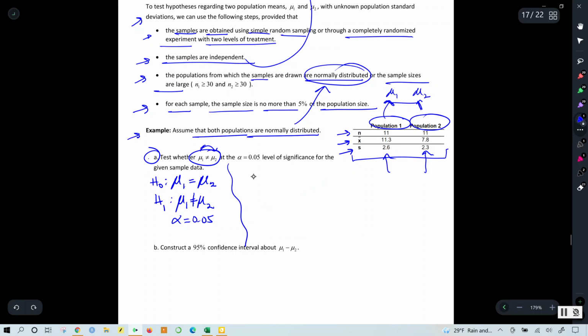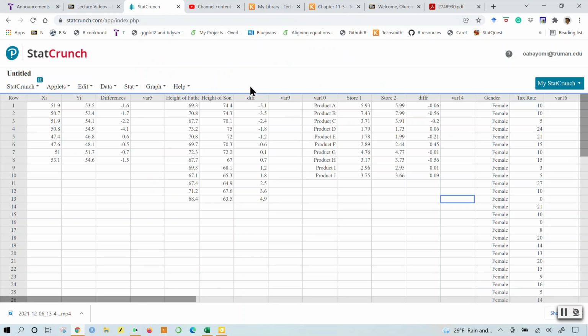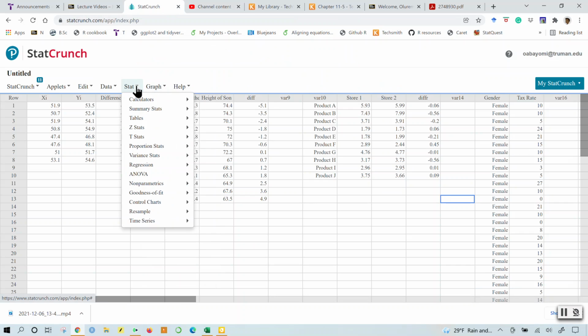So in this case, we're going to try to find the p-value using StatCrunch. Let's go to StatCrunch. I will go to Statistics. You go to T-stats. Earlier, when we were working on dependent samples, we used one sample. When we're dealing with independent samples, we use two samples with summary in this case.